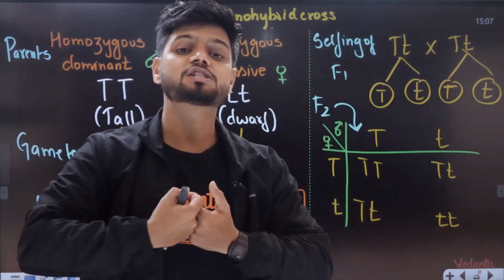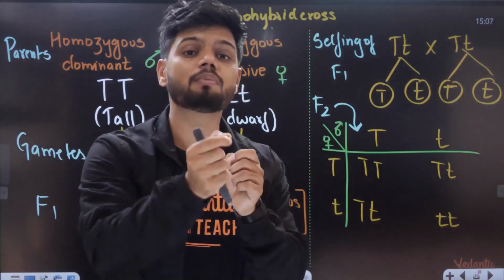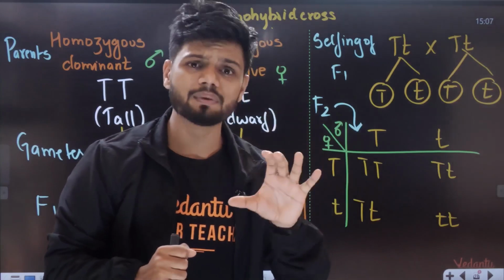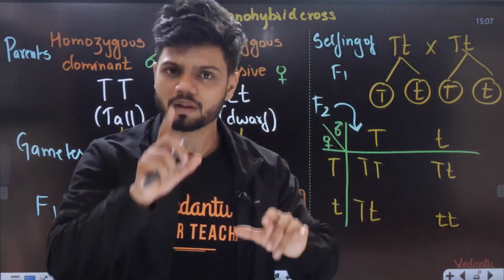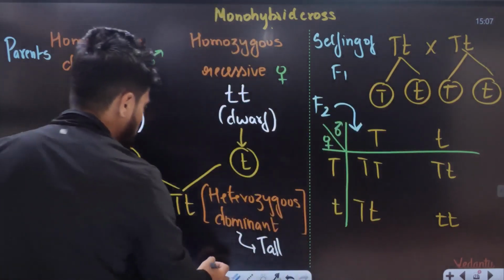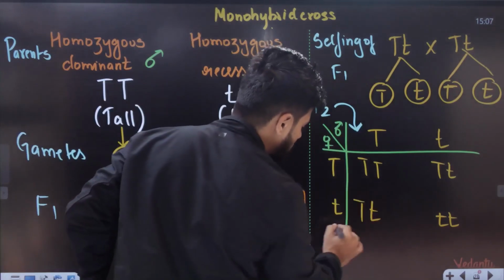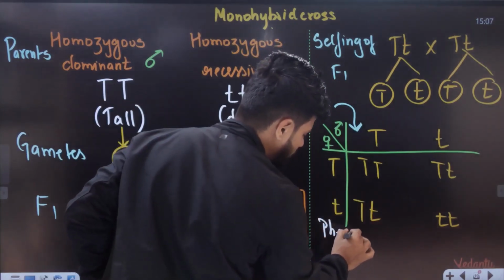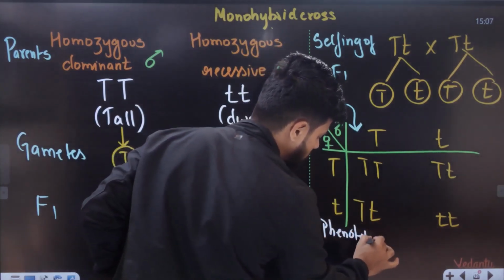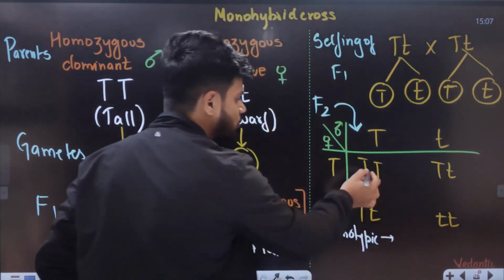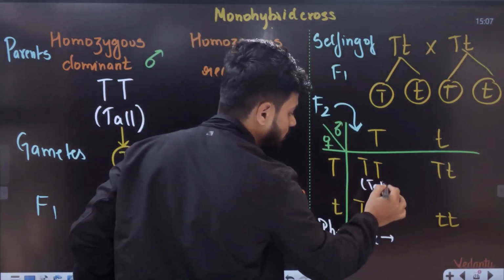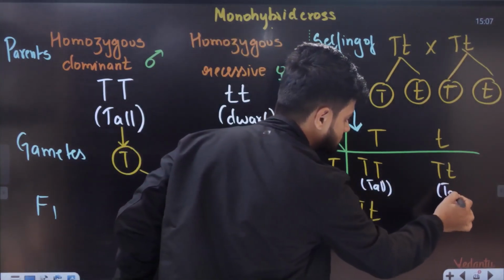So phenotypic ratio means the number of similar groups of phenotype. I'll tell you an example, understand. Let's take the phenotypic ratio first. This is going to be tall. This is going to be tall. Why?